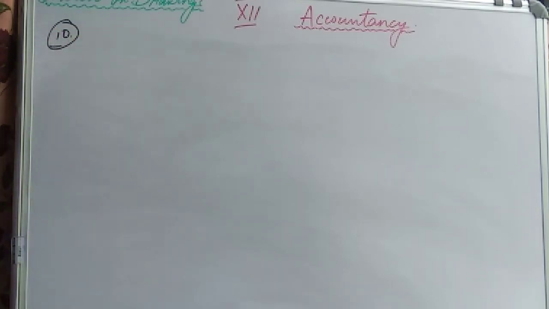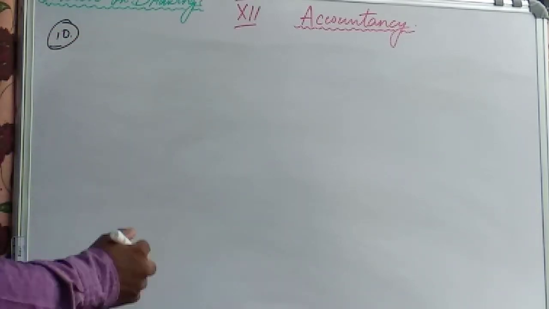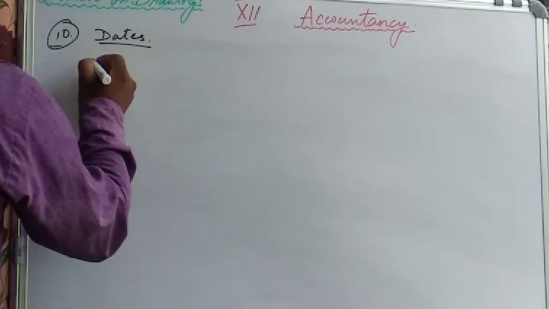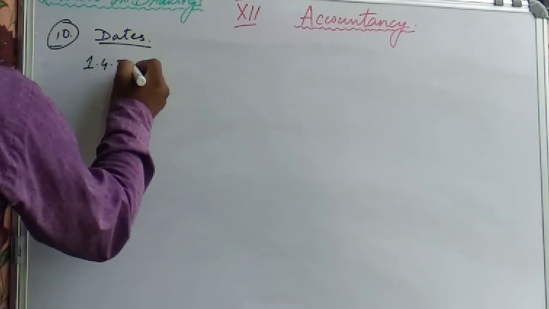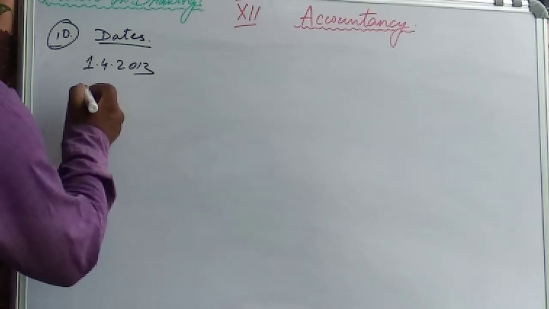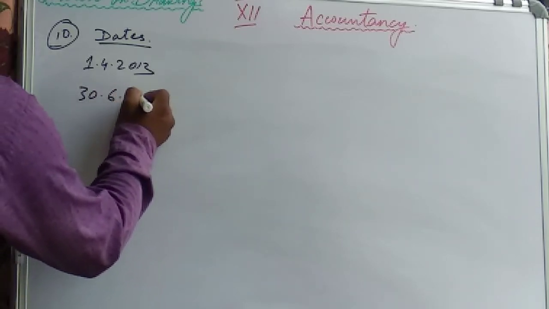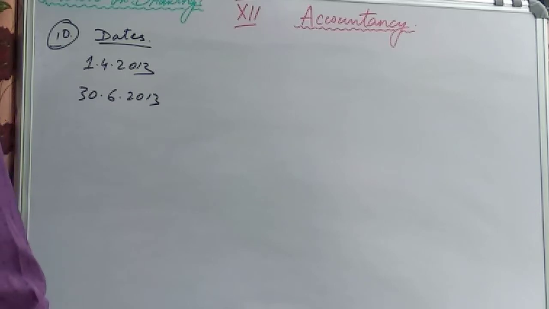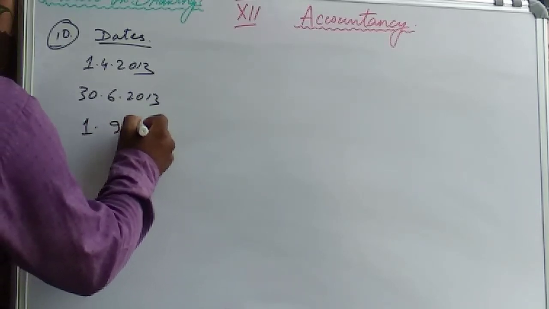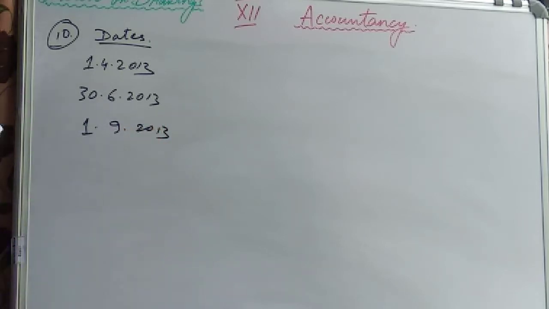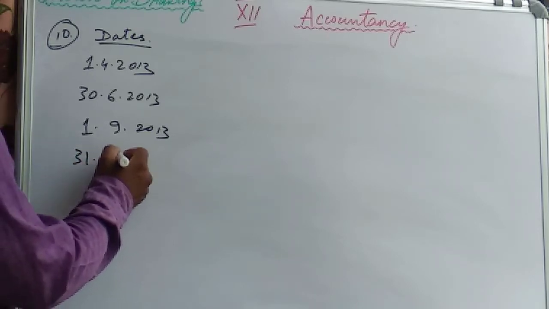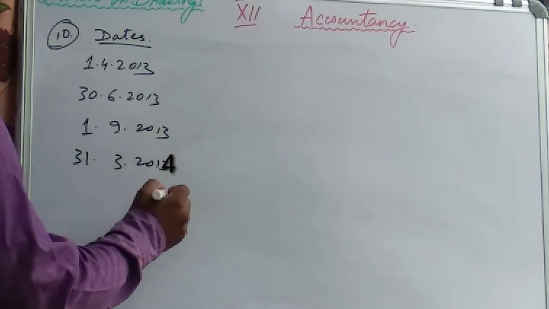In this sum, first we will jot down the dates. So when are they drawing? First April 2013, next 30 June 2013, next is 1st September 2013, and the last drawing is on 31st March 2014.